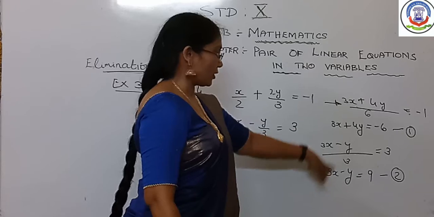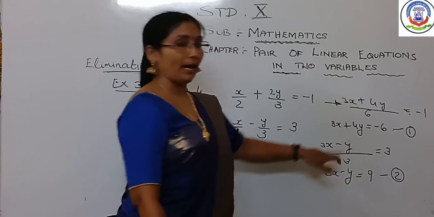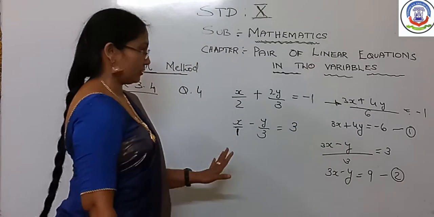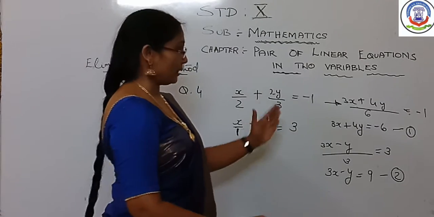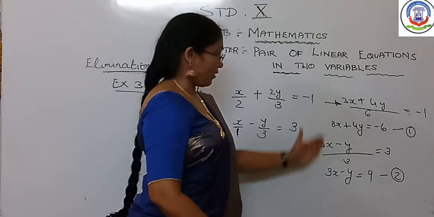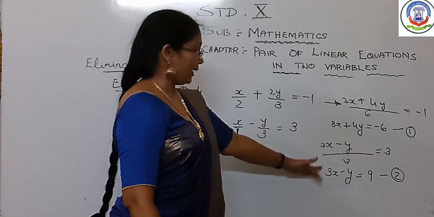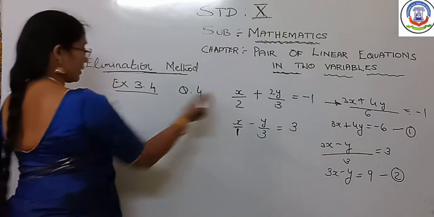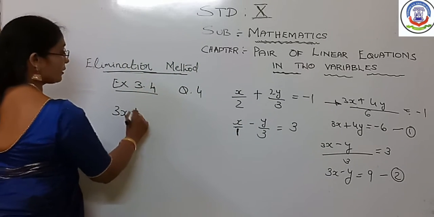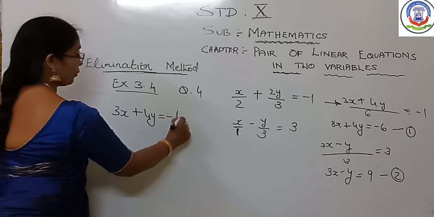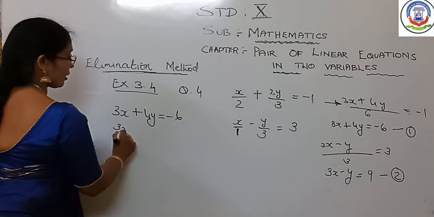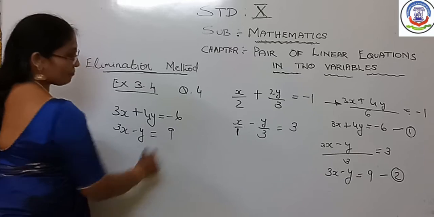Now these two equations you have to solve by which method? Elimination method. As you know, elimination means you have to make the coefficients equal. Rewriting the equations: 3x plus 4y equal to minus 6 and 3x minus 3y equal to 9.